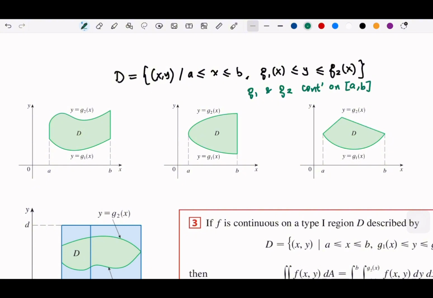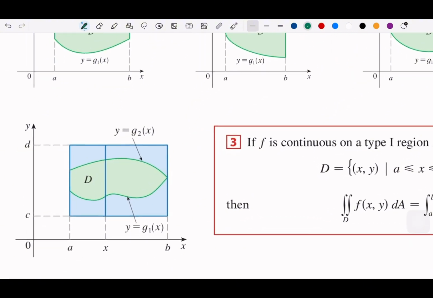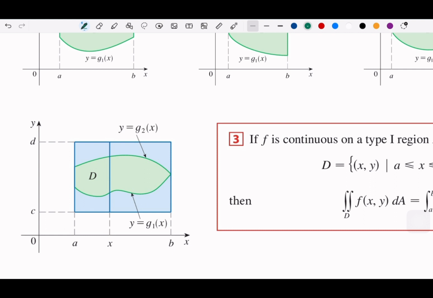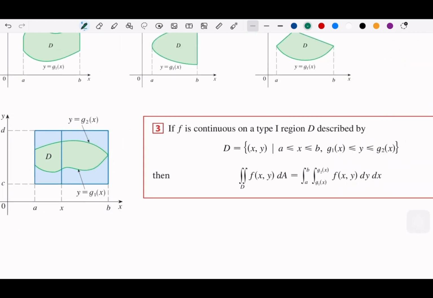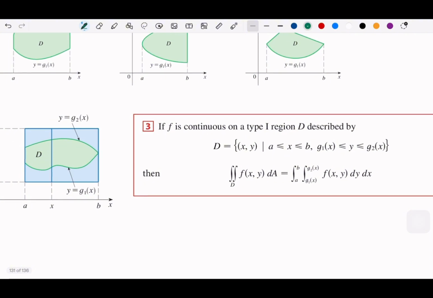Then we can evaluate, if we remember the rectangle that we have, we can bring it to this D, and directly use the restrictions between g1 and g2 for y, and for x we can take a to b. So we can definitely use these definitions to set up this double integral.